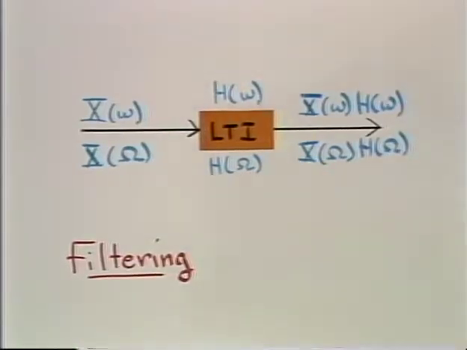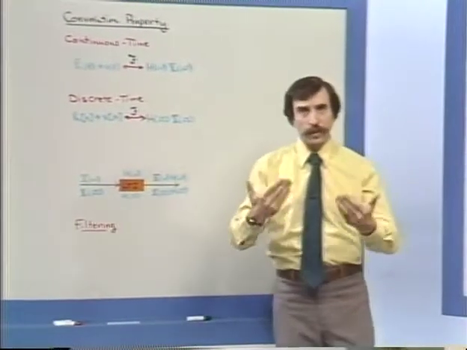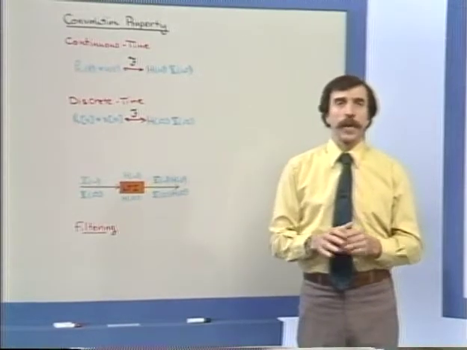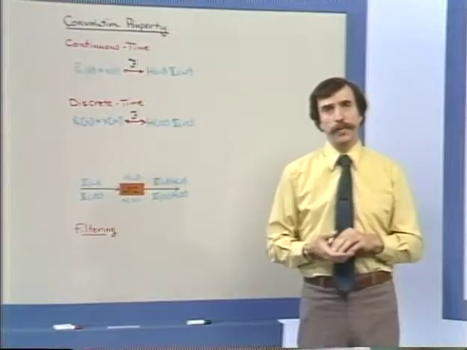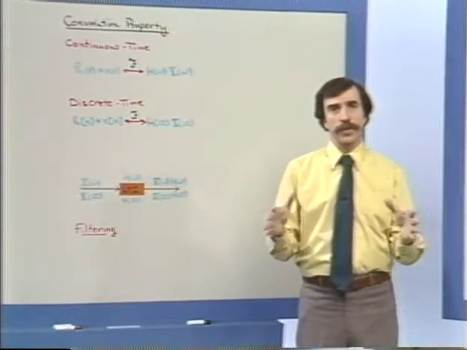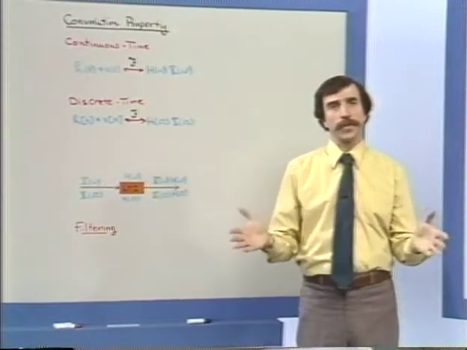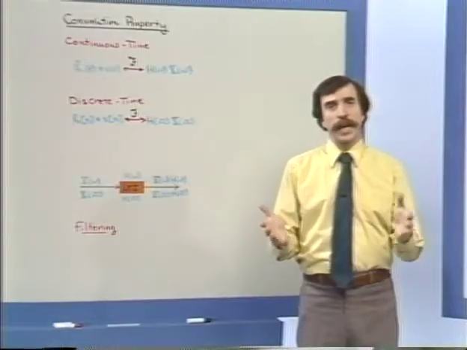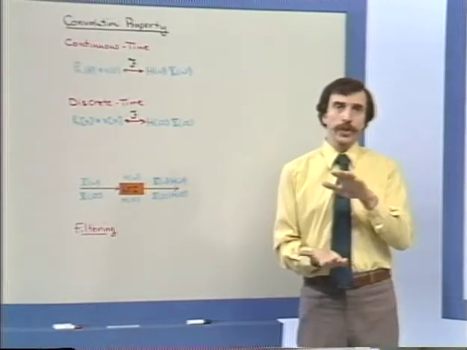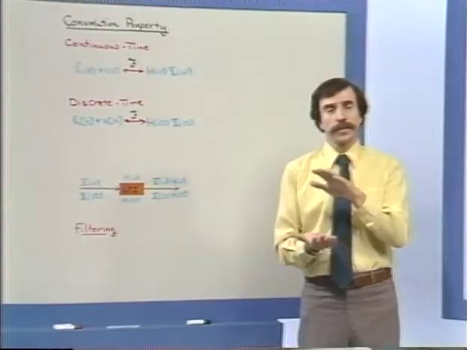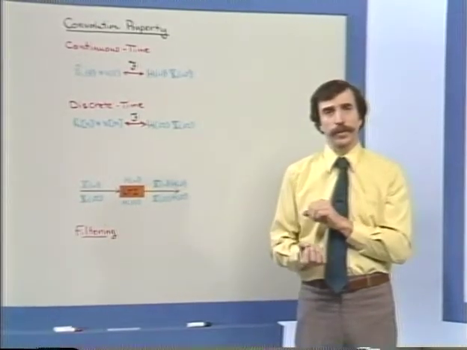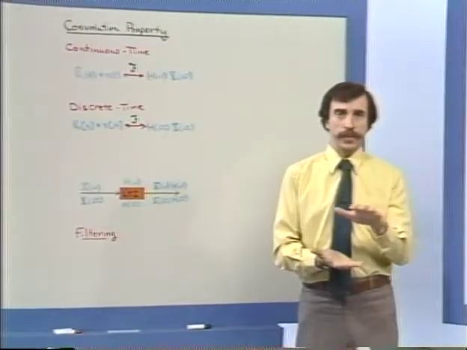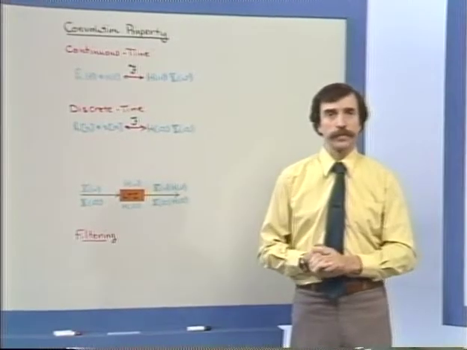Now, recall also that in developing the Fourier transform, I interpreted the Fourier transform as the complex amplitude of a decomposition of the signal in terms of a set of complex exponentials. And the frequency response, or the convolution property, in effect tells us how to modify the amplitudes of each of those complex exponentials as they go through the system.